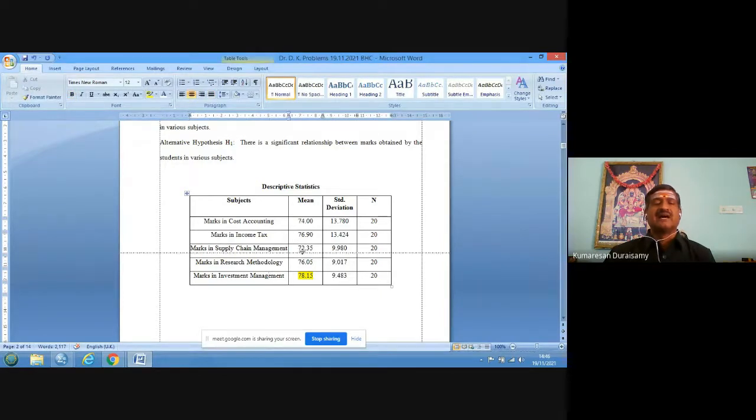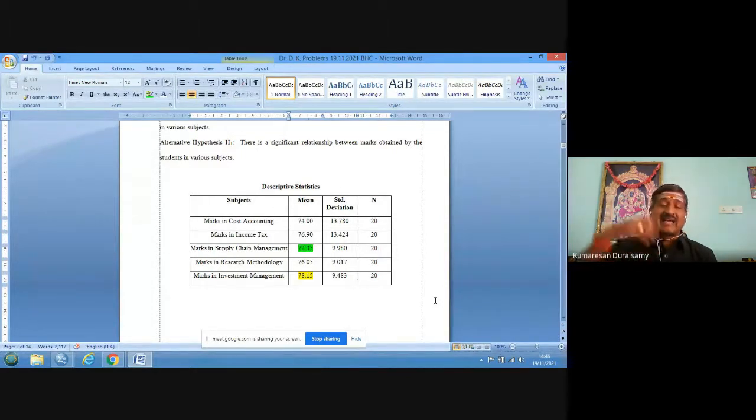The lowest average is in the case of supply chain, so we can say that they have not performed that well in supply chain management. It may be on account of several reasons: teachers teaching, students learning, question difficulty level, preparation, and on the day of examination, their performance and presentation.